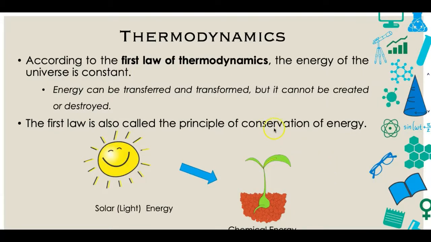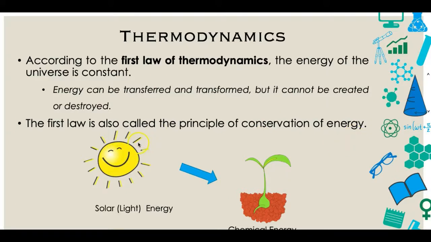According to the first law of thermodynamics, the energy of the universe is constant. It can be transferred and transformed, but it cannot be created or destroyed. Pardon my faux pas. The first law is also called the principle of conservation of energy.